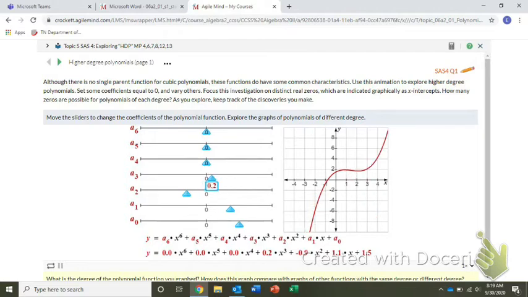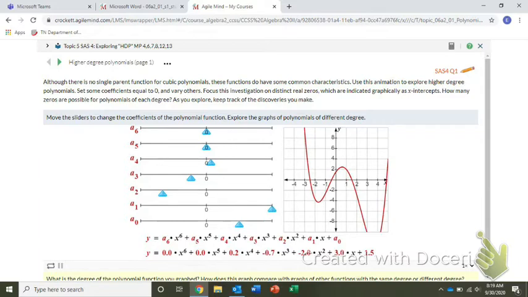If I add in a third degree, depending on how my graph sets, I have up to 1, 2, and 3. If I make a fourth, shift it, maybe move it down a little bit, you notice that I have up to 1, 2, 3, and 4 zeros.